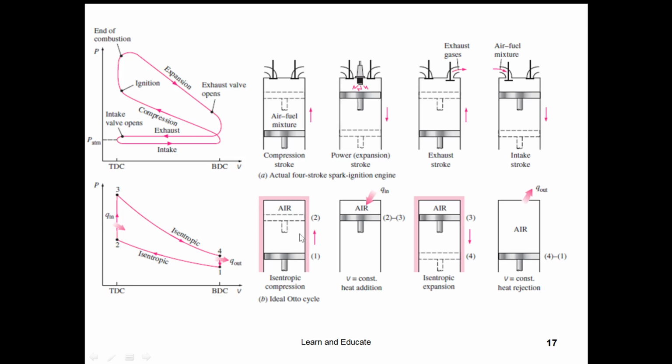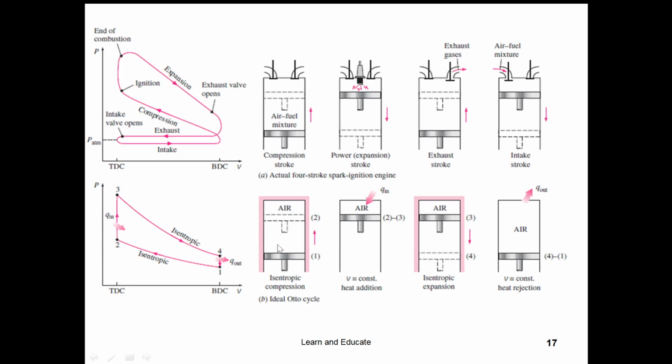That is corresponding to this first diagram. The piston is moving from bottom dead center to top dead center. That is, the volume will be changing from maximum volume to clearance volume. Maximum volume to minimum volume, 1 to 2. That is isentropic compression of the air, or the air fuel mixture. In the case of spark ignition engine, it is air fuel mixture.